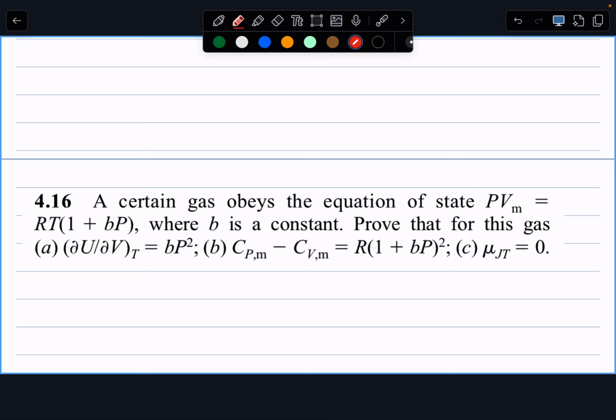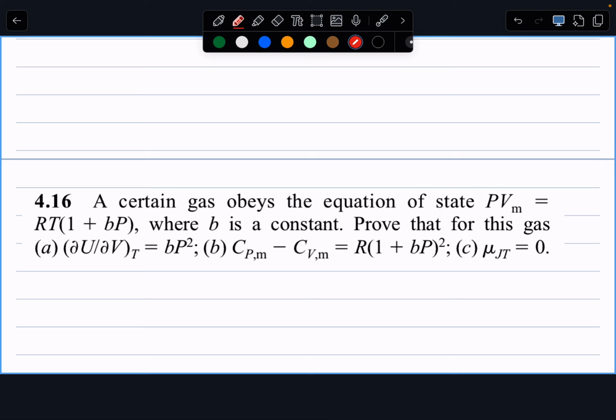Part A asks you to prove that dU over dP at constant T equals BP squared. Part B asks you to find that CPm minus CVm equals R times (1 plus BP) squared. And part C asks you to show that mu JT equals 0.